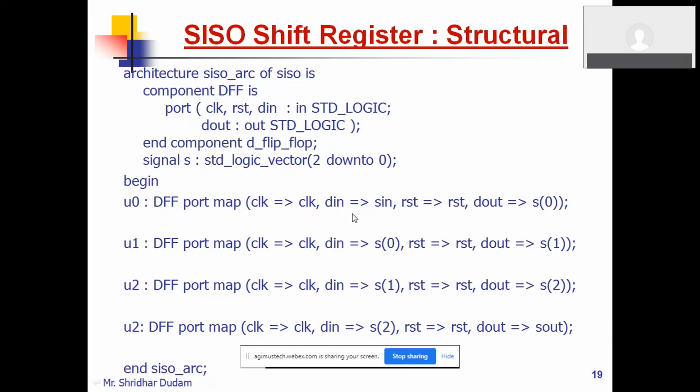If you remember, the first SIN is given to the first D flip-flop through its DIN associated with SIN, and the output is taken from the last D flip-flop, that has SOUT. For internal connection we use the signal S, a std_logic_vector 2 down to 0. It is for the internal connection, which we have to connect.